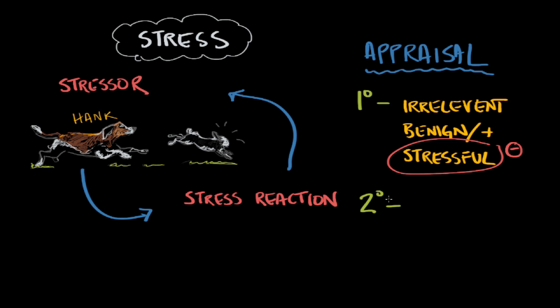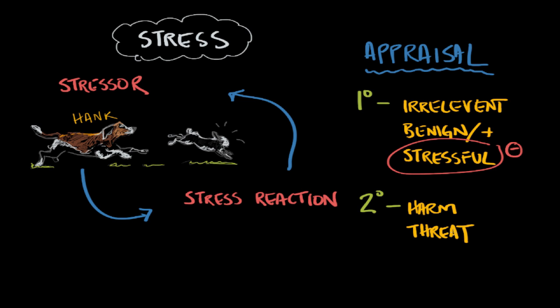And so you have a further appraisal of harm, and what that's saying is what damage has already been caused. So if you're this rabbit, no damage has been caused yet, but gosh, that beagle puppy is nipping at your heels. And so that brings us to the second category of secondary appraisal, and that's an appraisal of the threat.